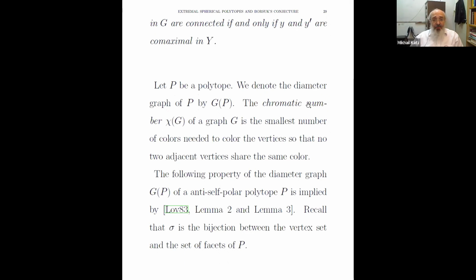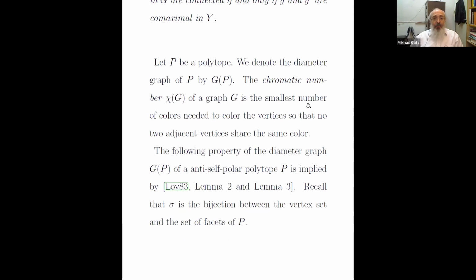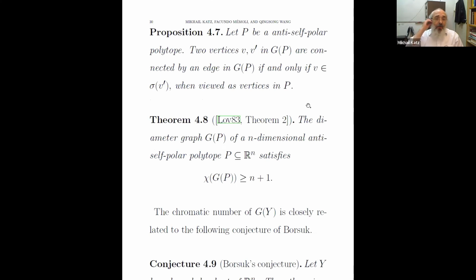So then Lovász proves something interesting. Lovász proves a lower bound on the chromatic number of the diameter graph of an anti-self-polar polytope. He showed that it's at least n+1 in R^n.